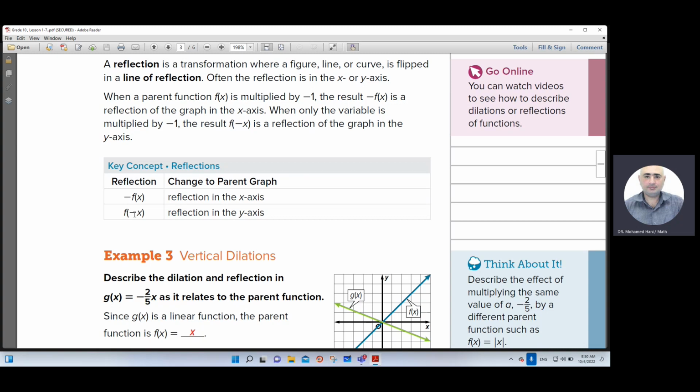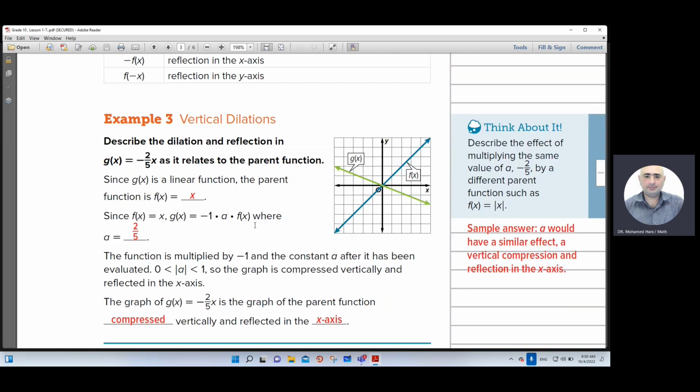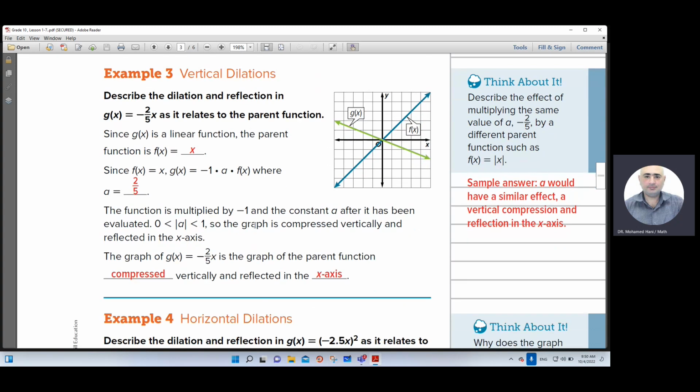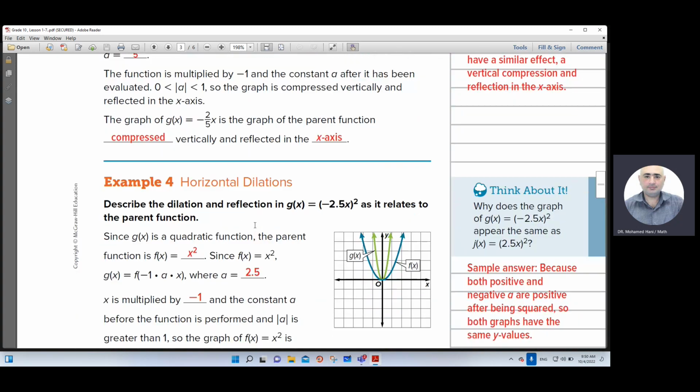And if we have the negative inside the function, it means we have a reflection in the y-axis. So when you see the negative outside, it means x-axis. When you see the sign inside, you have y-axis. And we learned and explained this example.